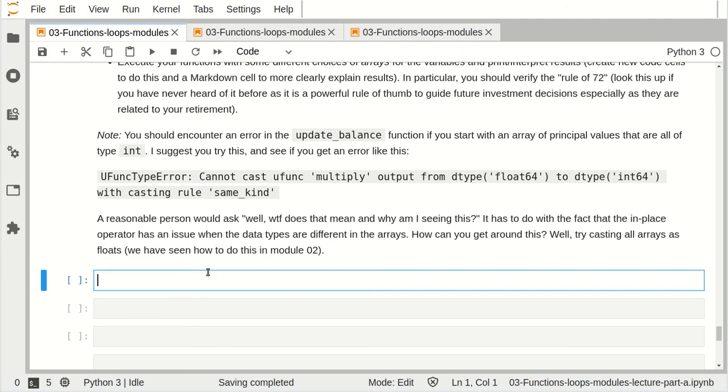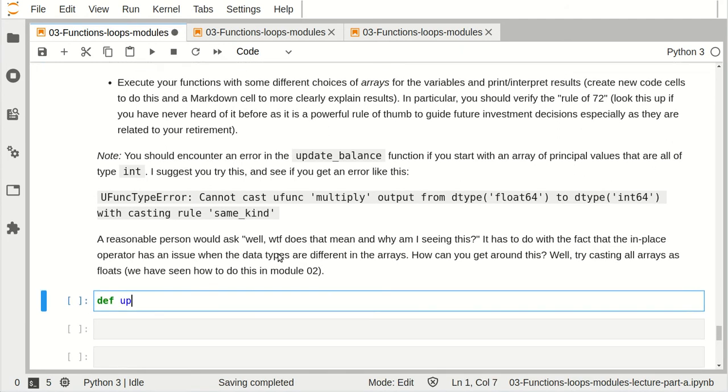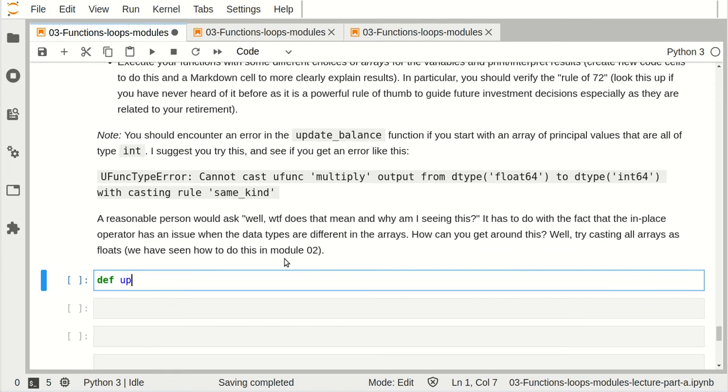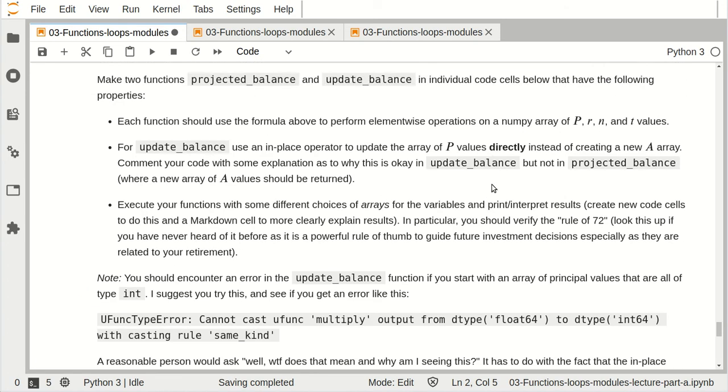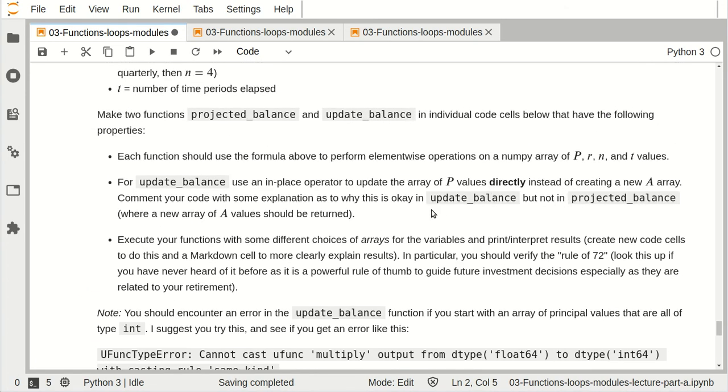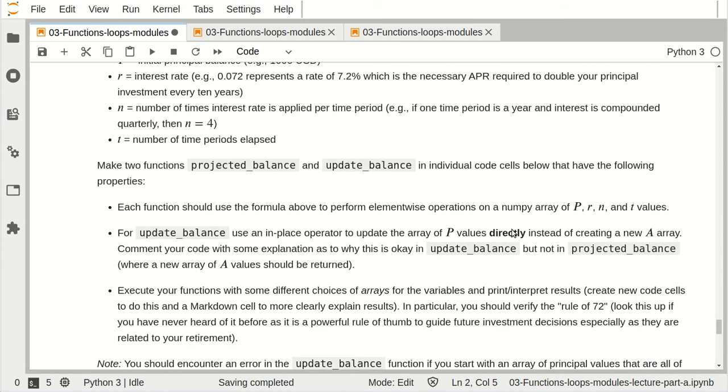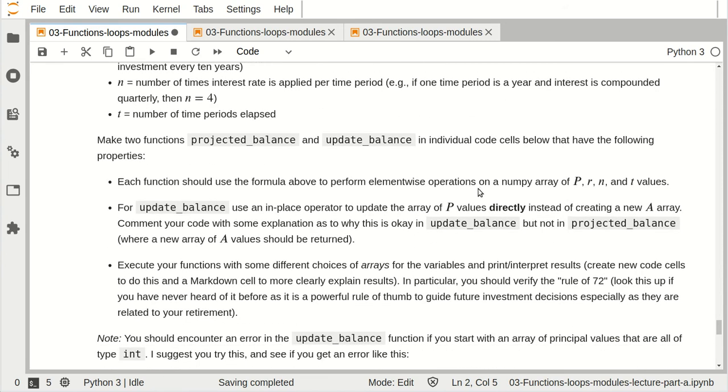Let's just go ahead and define, what's the first one we should define? Let's define projected balance, with P, R, N, and T as the values. Now, we want to return an array, right? That's all we want to do. We just want to return an array A that is not using in-place operators.